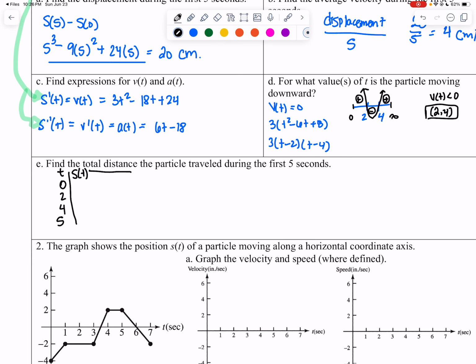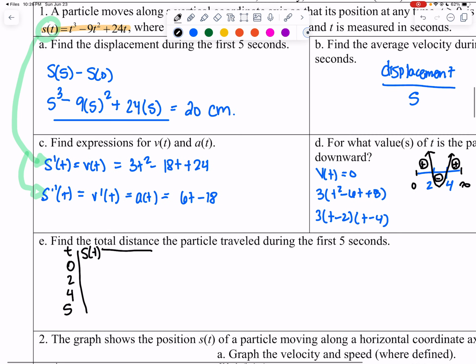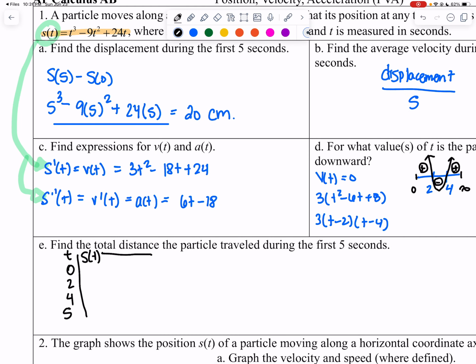So this is where we're going to plug in S of t for 0, 2, 4, and 5. I already know that 0 is 0, and I already know that 5 is 20. I just need to figure out what's 4 and what 2 is based off of S of t. So once you do that, you're going to get 20 and 16 right here.